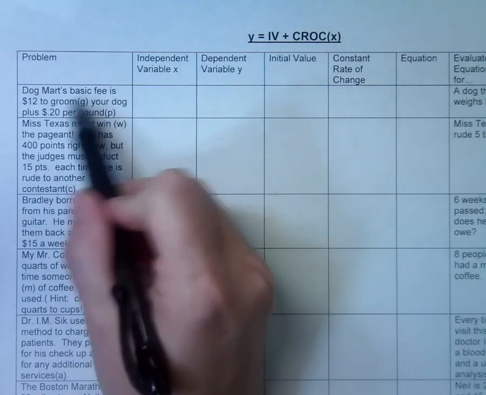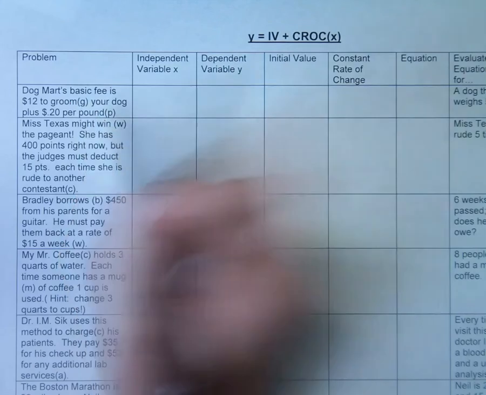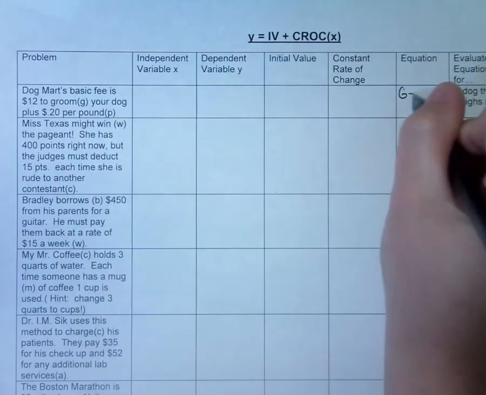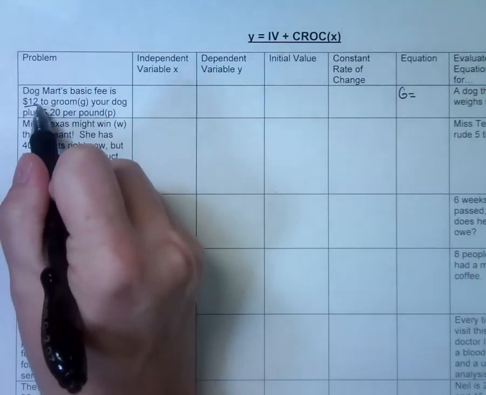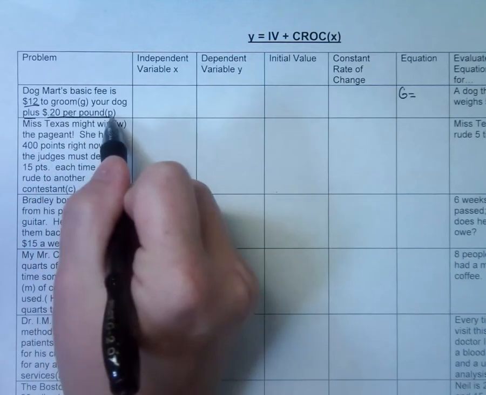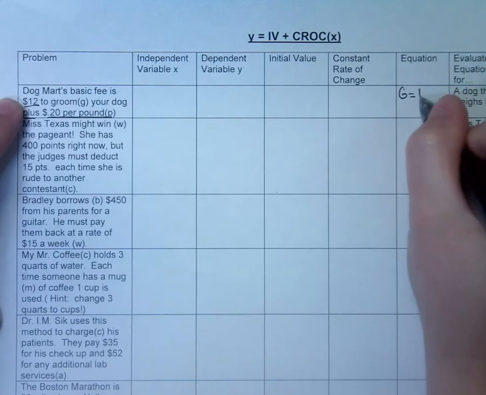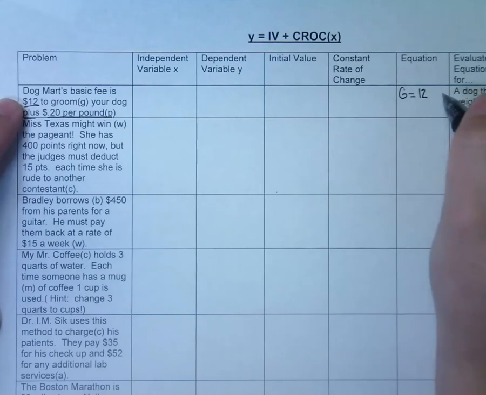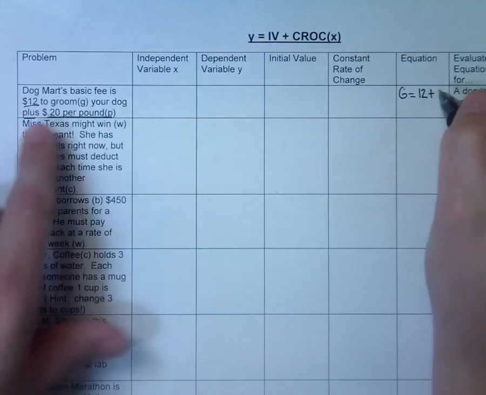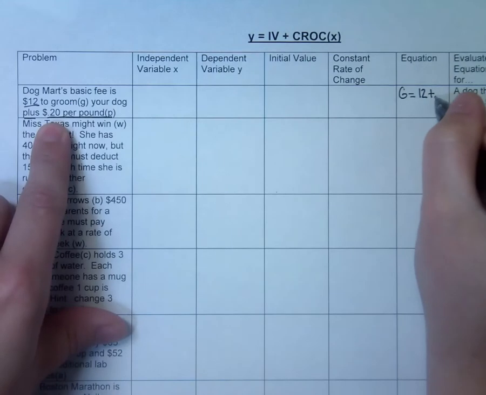Their fee to groom your dog, which they call G, is $12 plus 20 cents per pound. So $12, that's just a one-time thing, plus 20 cents per pound. So 0.20 P.